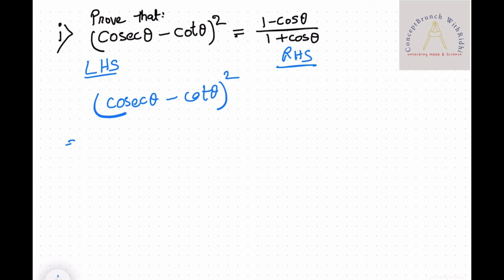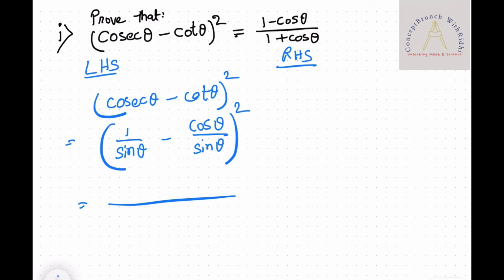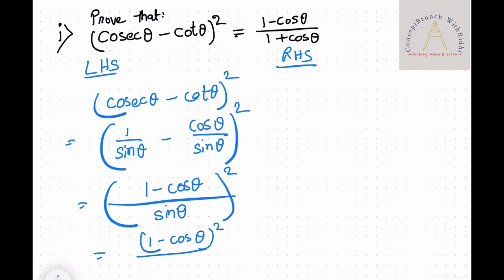So in place of cosec theta we can write 1 over sine theta minus, in place of cot theta we can write cos theta divided by sine theta, whole square. Next, take an LCM sine theta, and on the top we can write (1 minus cos theta) whole square, and in the bottom we can write sine square theta.